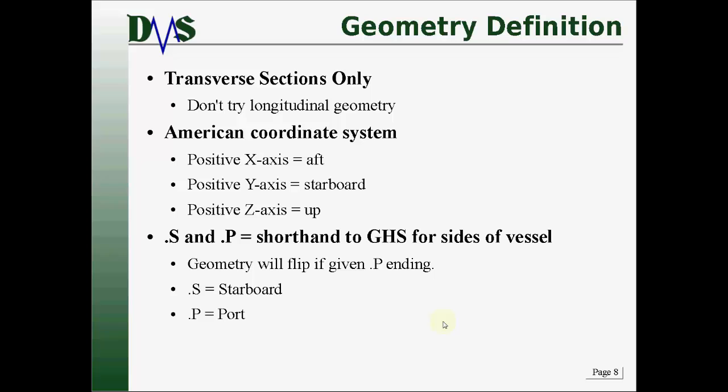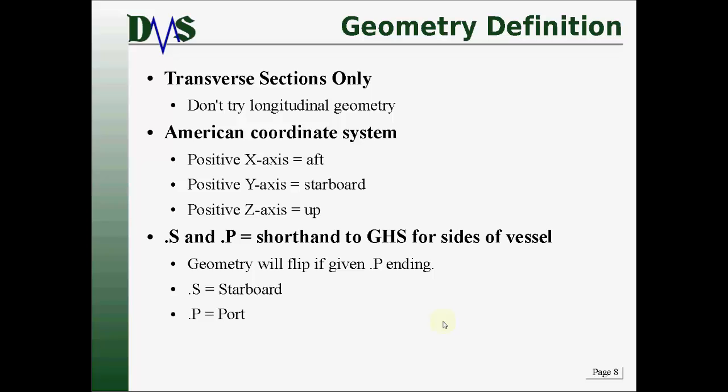Okay, now the next thing you also need to know about model organization is a little bit of the basics of how that all fits together. First off, GHS only works with transverse sections. So all of those shape definitions will be based on transverse sections. So you'll have a series of YZ coordinates at a fixed X plane.